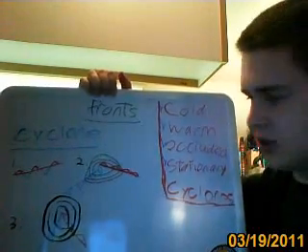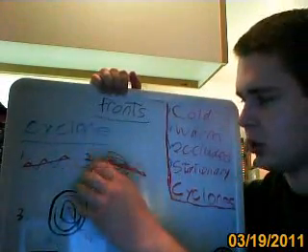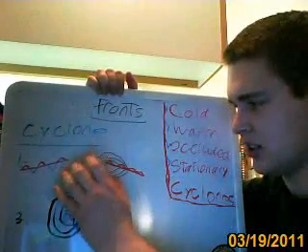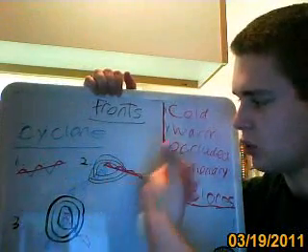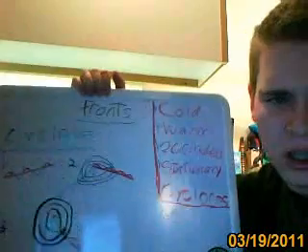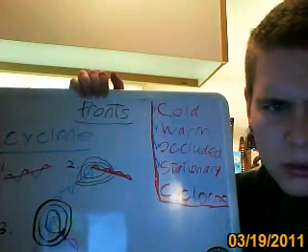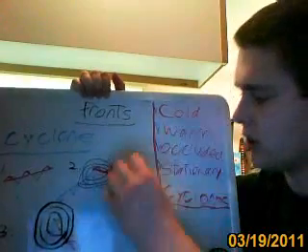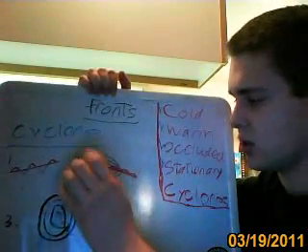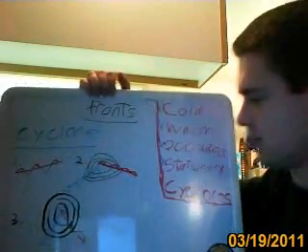Now next what happens is that warm air is on the east side, and cold air is on the west side, as the drawing displays right here.